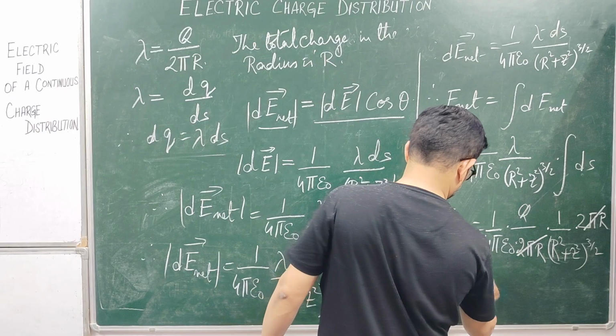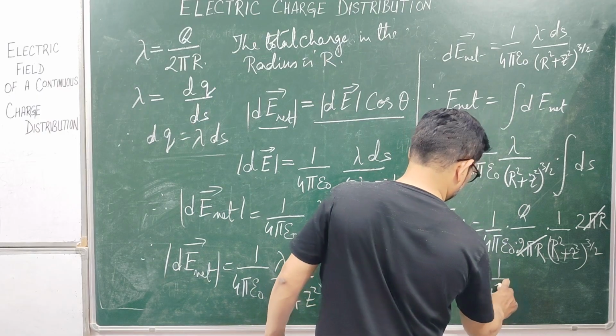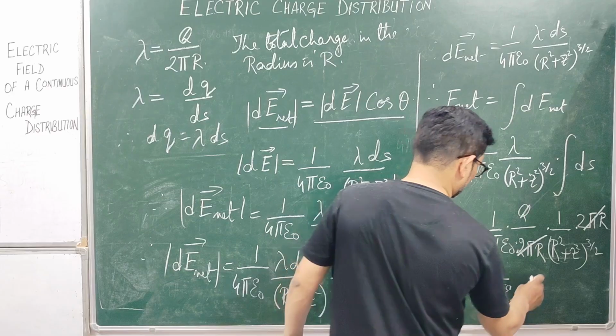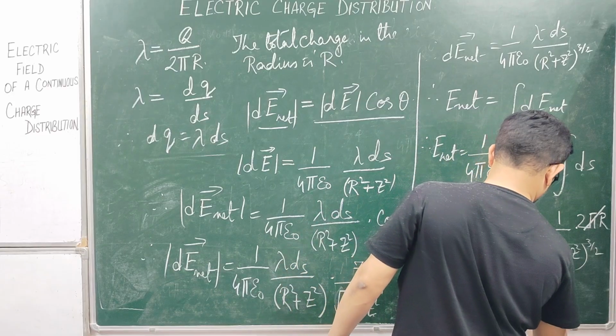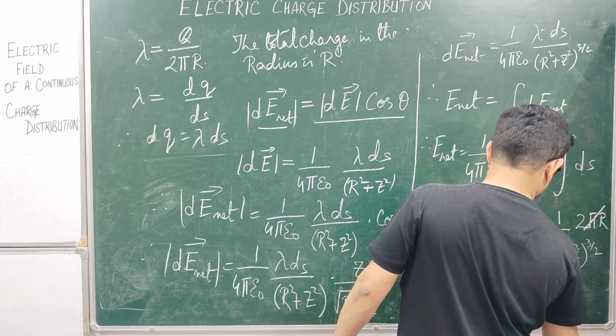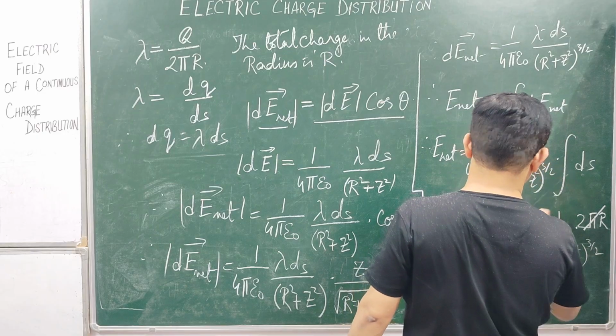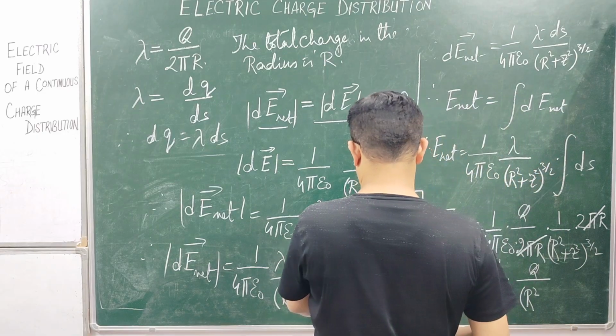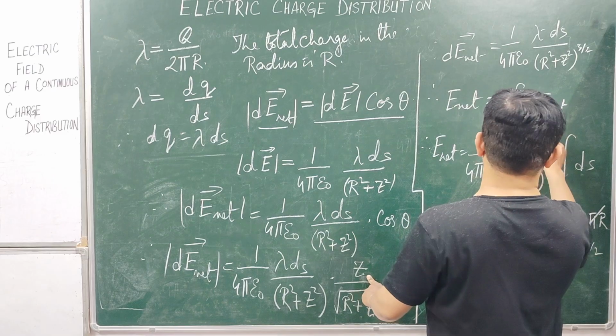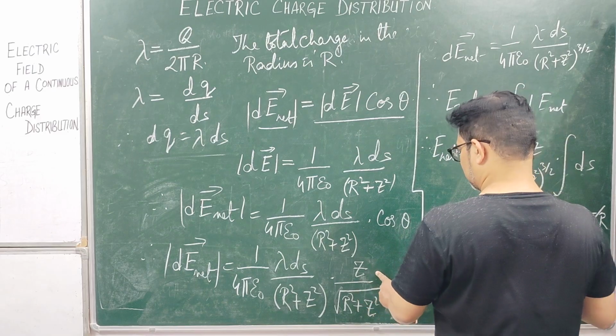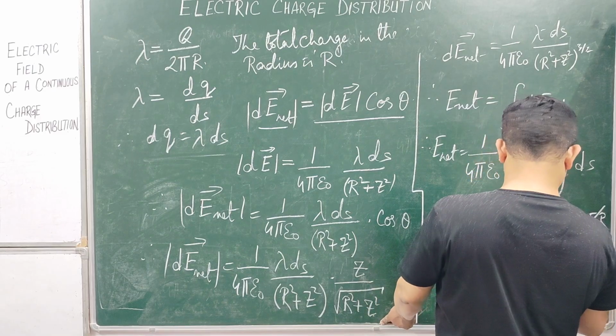And we are getting therefore E net as 1 over 4 pi epsilon naught q divided by r square, and z was also there, right? So let us just include this z here, because z divided by under root was there.